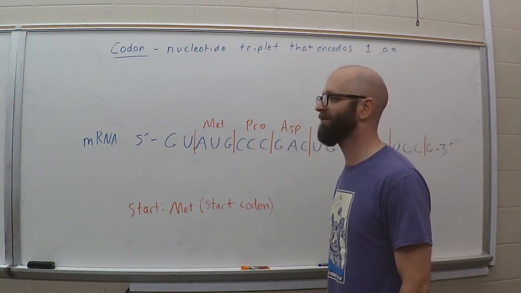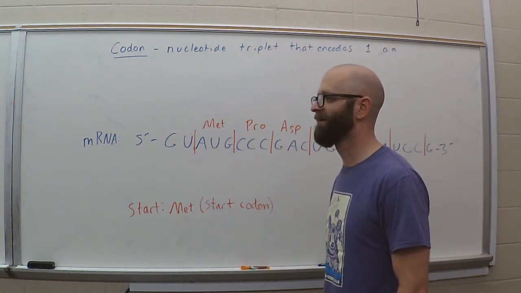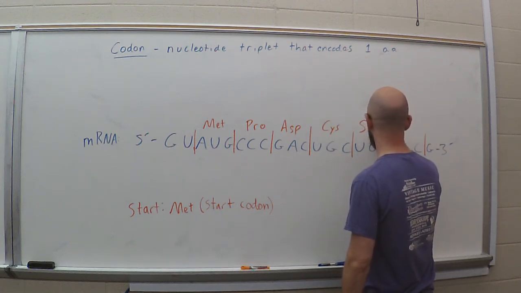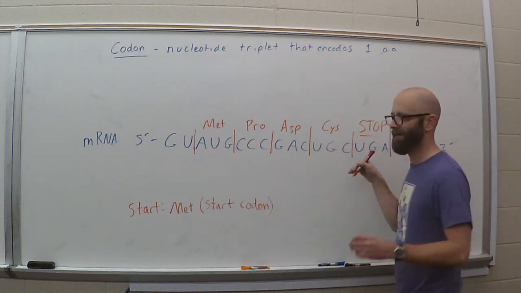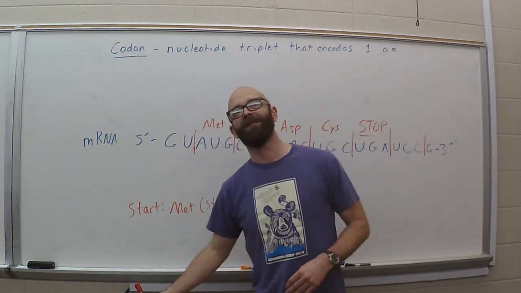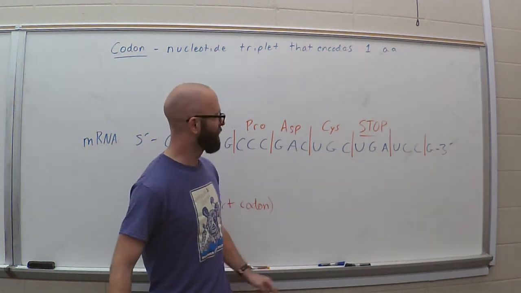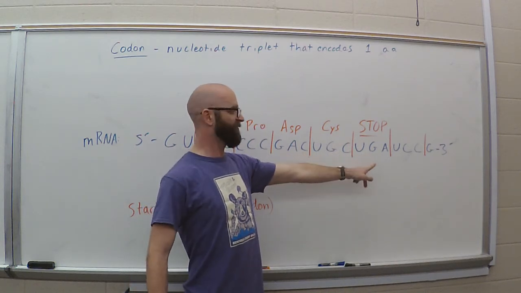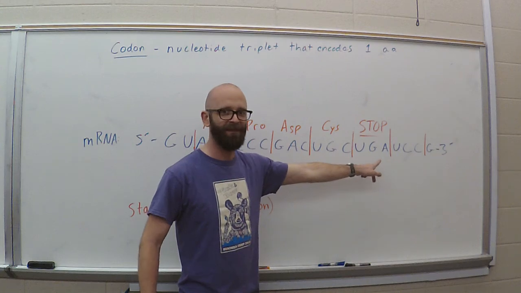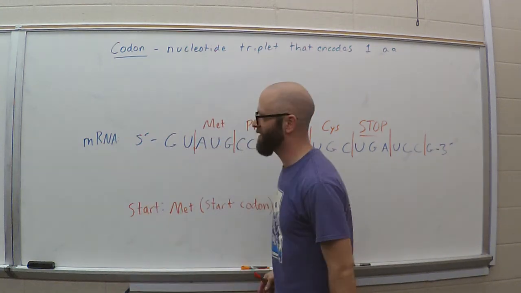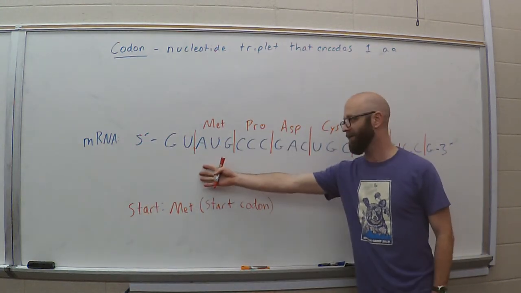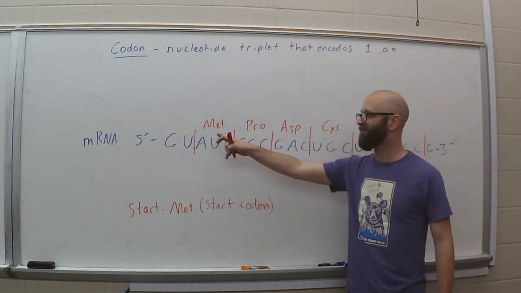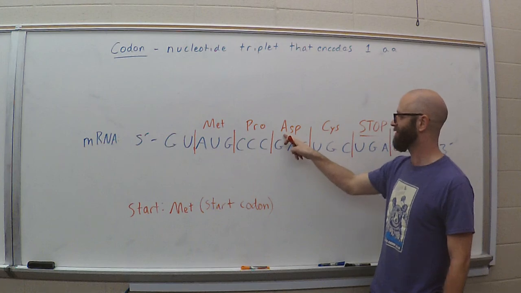You might have figured this out, right? It's a stop codon. Stop is not an amino acid. Stop is what you do when you get to a stop codon. Stop is what the ribosome does when it reaches a stop codon. So the polypeptide encoded by this very short chain of mRNA is only 4 amino acids long.